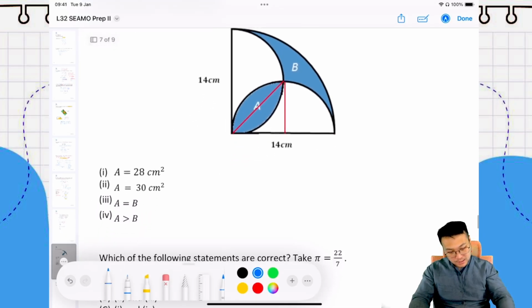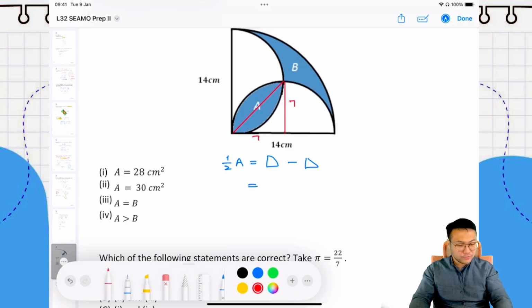So I can say that half of the shaded area of A can be derived by taking a quadrant minus a triangle. Now students, this is 14 cm, right? That means this must be 7 cm, and this must also be 7 cm. So the radius of the small quadrant is 7 cm.